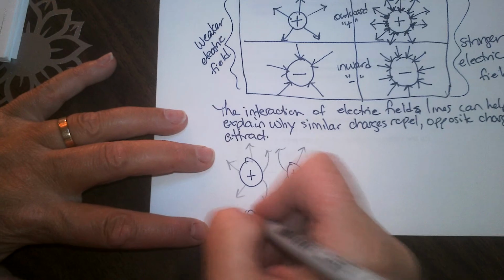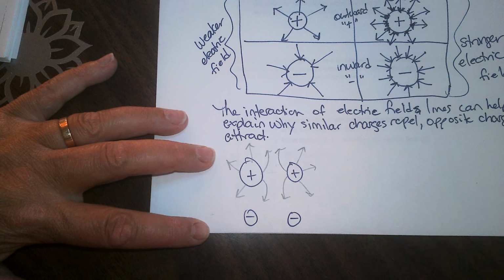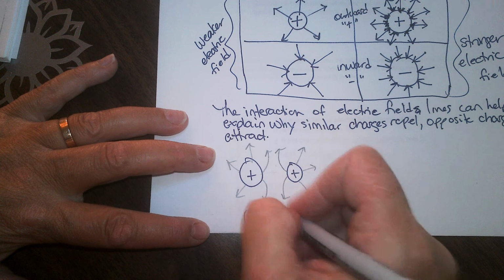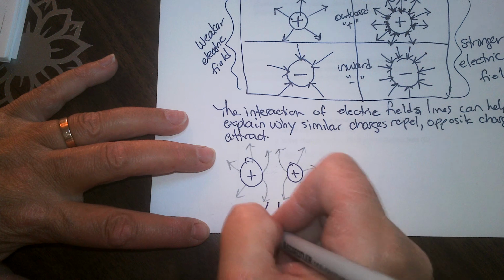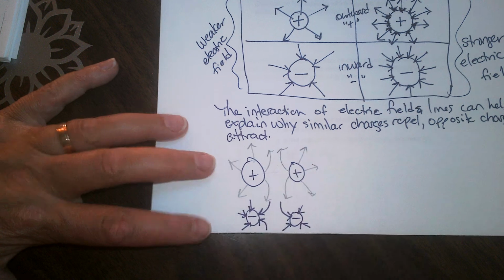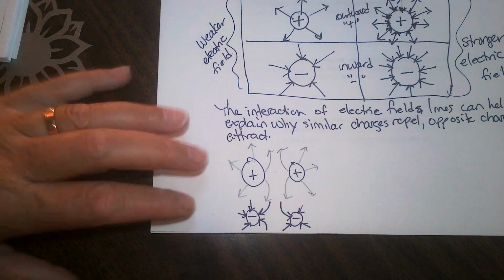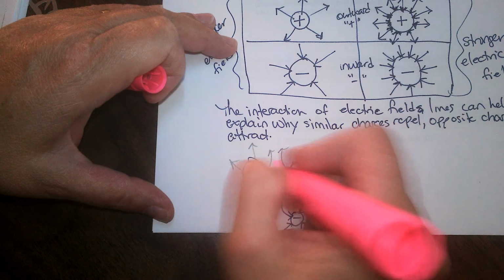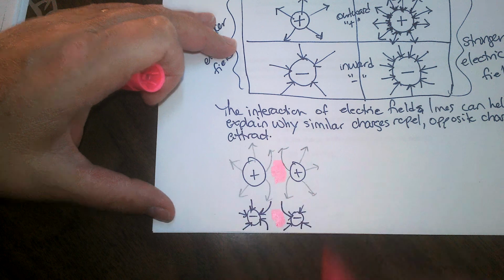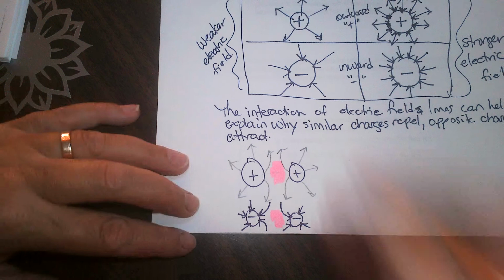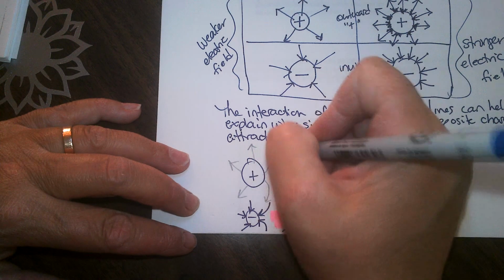Positive or negative. Negative will do the same thing. And it will come in like this. Okay. This area here in the middle, where it's repelling and attracting, there is no electric field here.